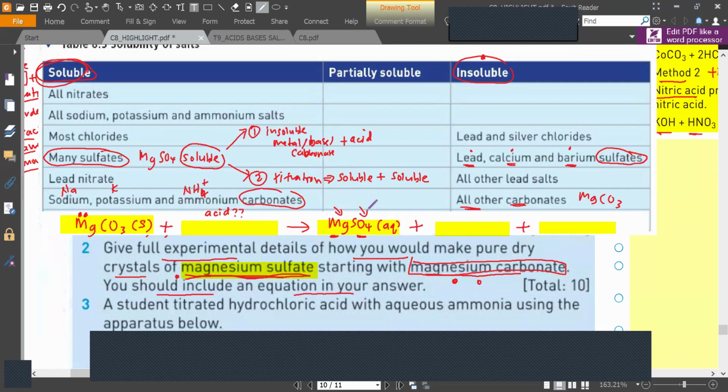We want magnesium sulfate, and the magnesium is already coming from the carbonate, which means we need sulfate. Which acid can we use that will give us the sulfate?